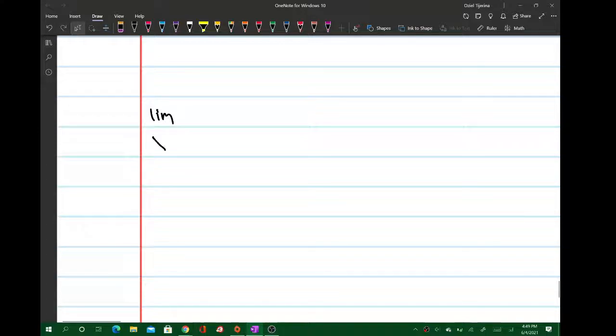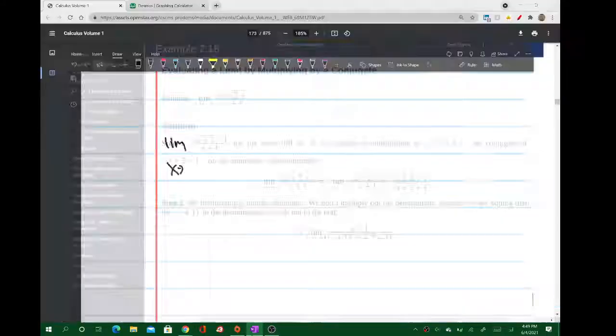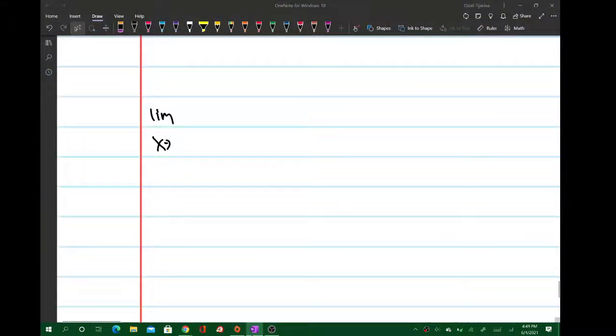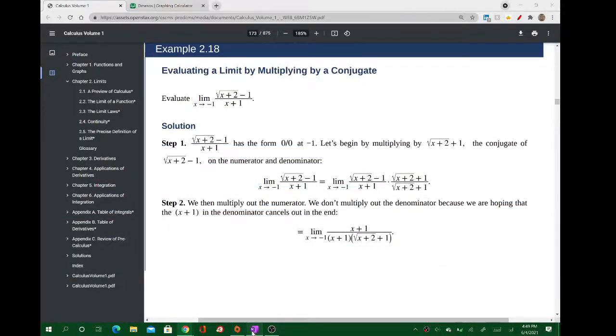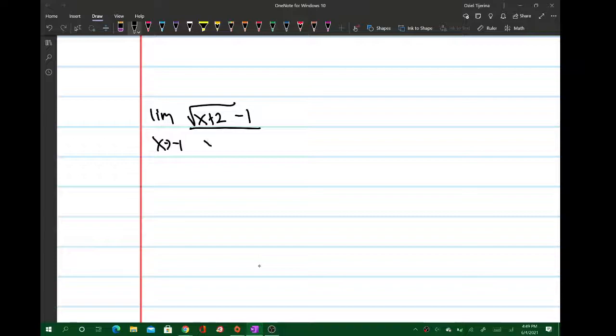The limit as x approaches negative 1 of the square root of x plus 2 minus 1 over x plus 1. By direct substitution, that's going to give me the square root of negative 1 plus 2 minus 1 over negative 1 plus 1.